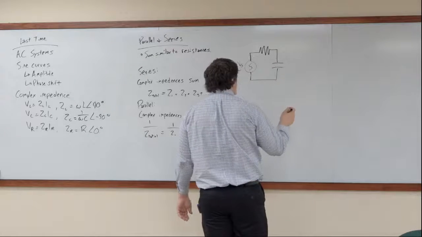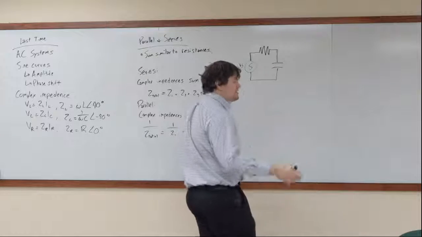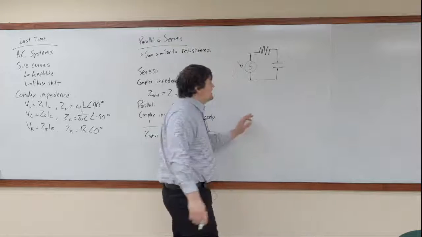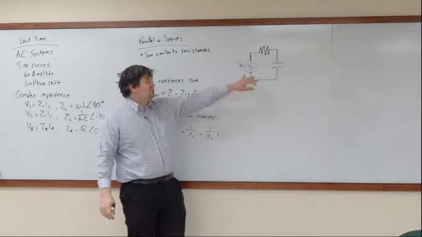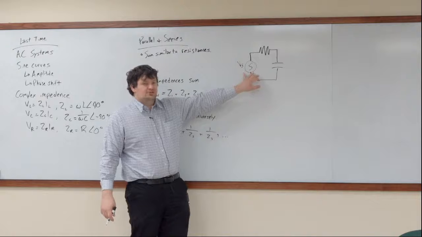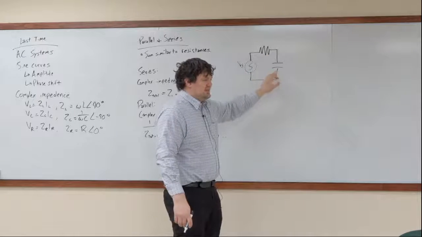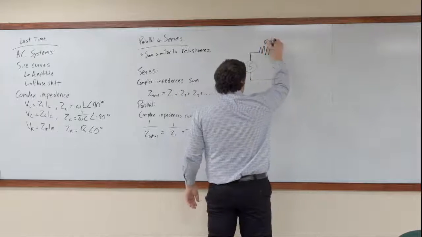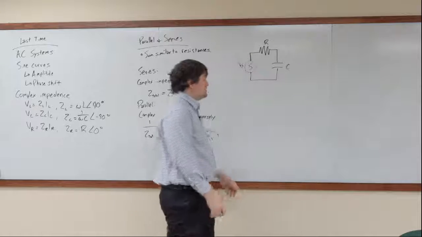So here, this system can be written as a series of complex impedances. The reason is that we have a single Vs source, this is at steady state, and we have a full circuit.